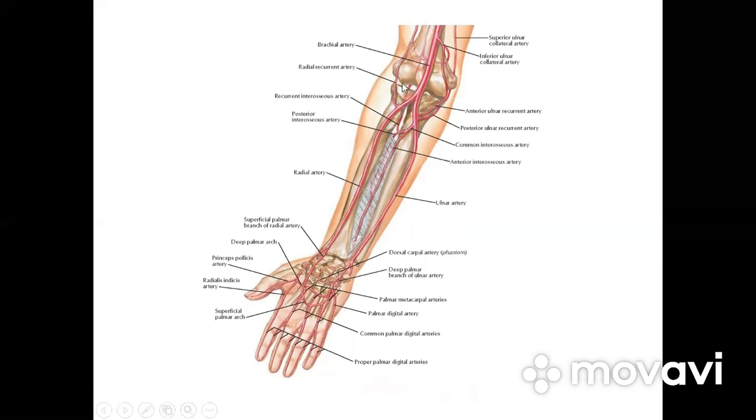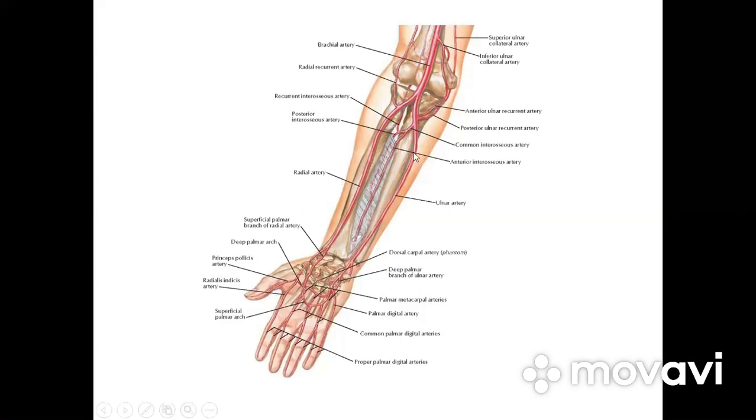We have 8 arteries, 4 recurrent and 4 collateral arteries, joined together to make the cubital articular rete. It will supply all components of the ulnar joints, muscle and skin.